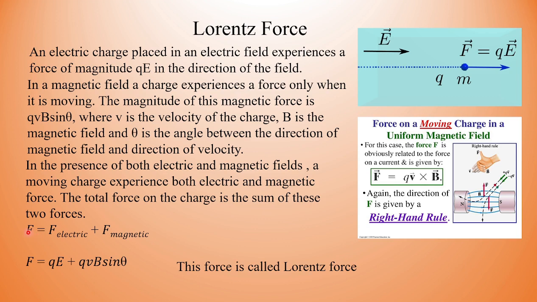That is, F is equal to F electric plus F magnetic, that is QE plus QVB sin theta. So the total force F is equal to QE plus QVB sin theta, and this total force is called the Lorentz force.